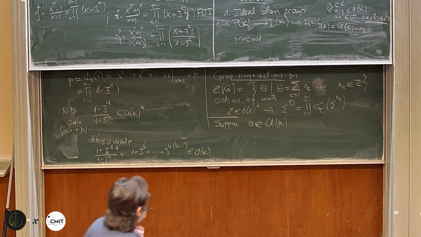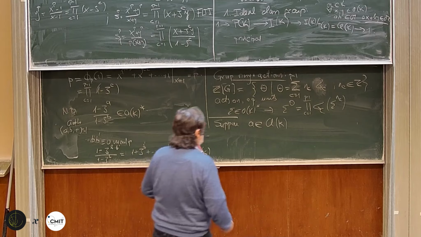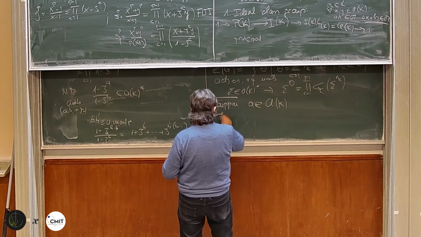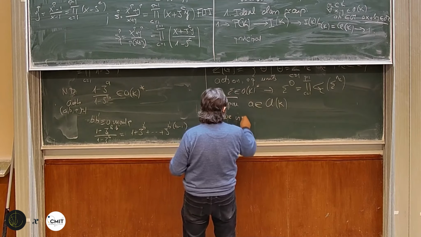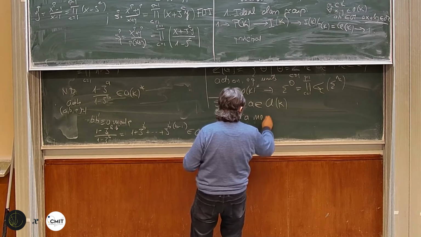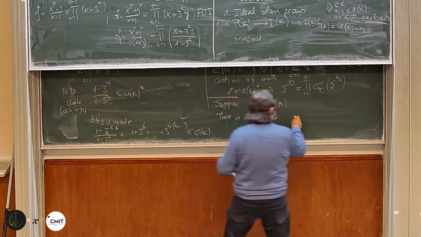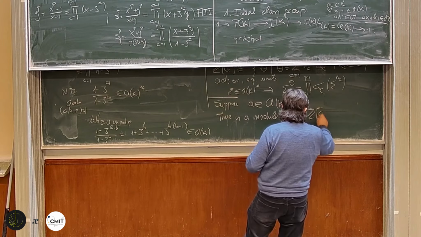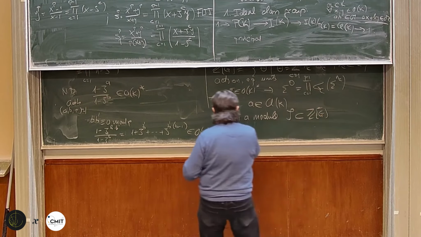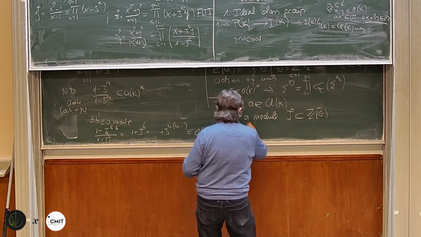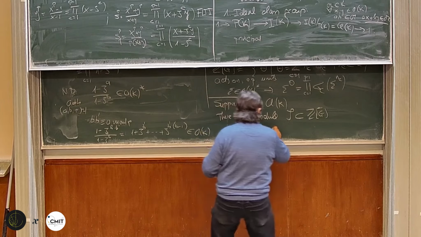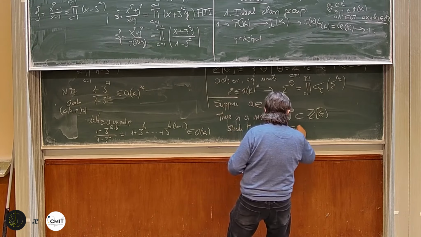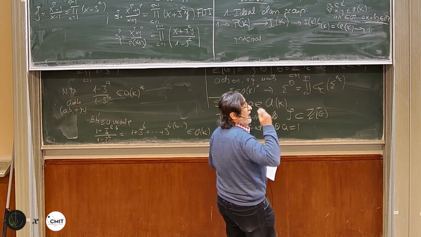And there is a module, which I'll call S in Z[G], such that theta A is the principal class.